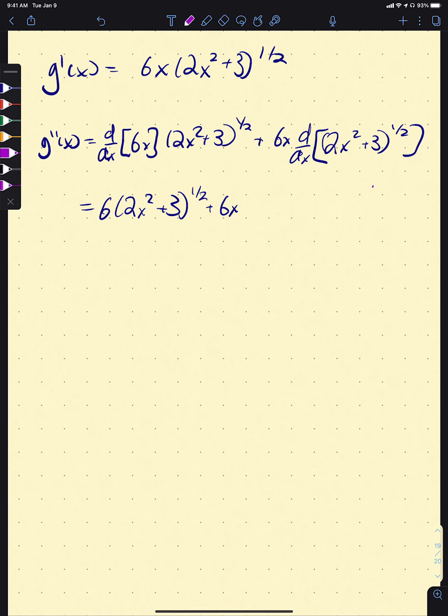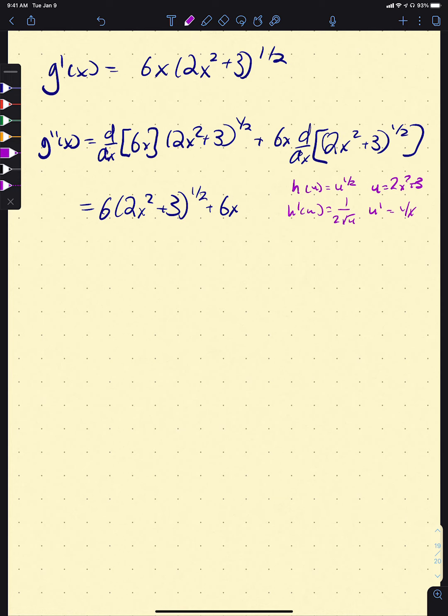So we'll let u equal 2x squared plus 3, and then u prime is 4x, right? And then I guess we'll need to call this guy h of u, which is u to the 1/2. h prime of u is 1 over 2 times the square root of u, right?